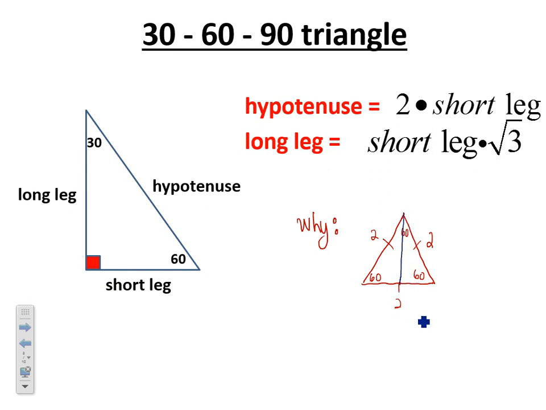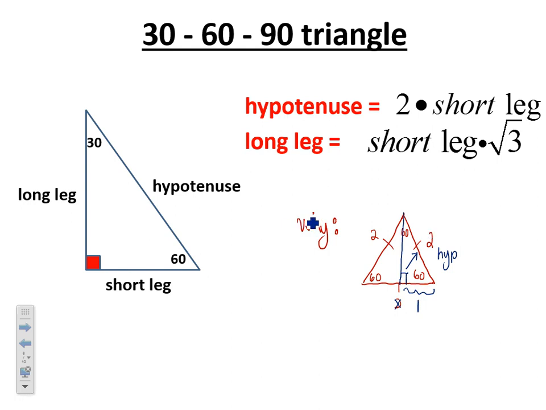I bisect it. This is no longer 2, but this side of the triangle is 1. We know this makes a 90-degree angle when I bisect and drop the altitude here, 90 degrees. This is my hypotenuse because it's across from the 90-degree angle.